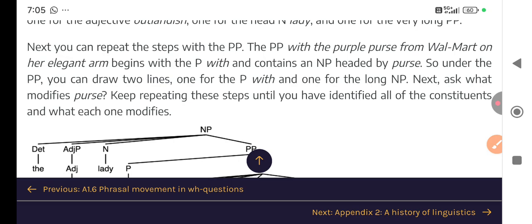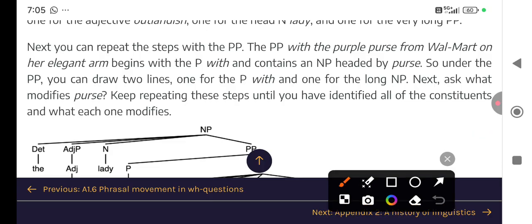Next, you can repeat this step with the prepositional phrase. The prepositional phrase with purple purse, from Walmart, on her elegant arm, begins with the preposition with and contains a noun phrase headed by purse.